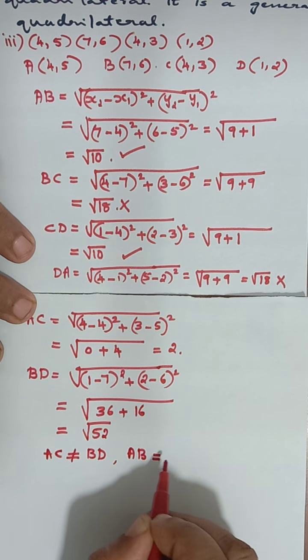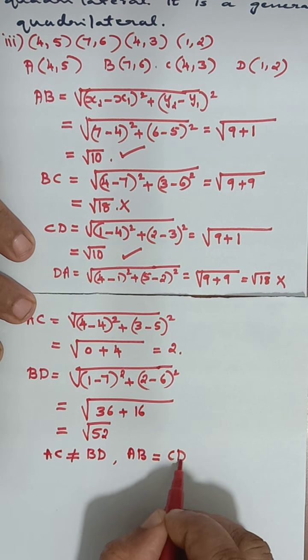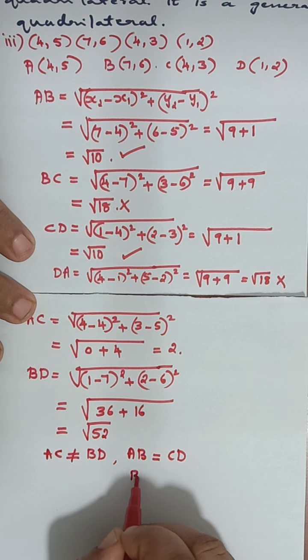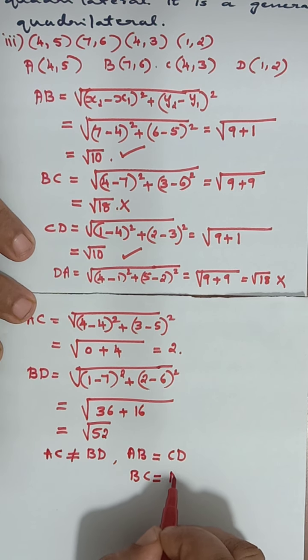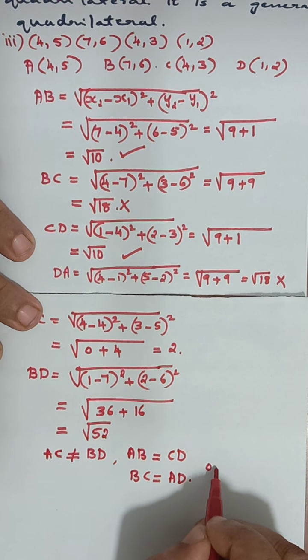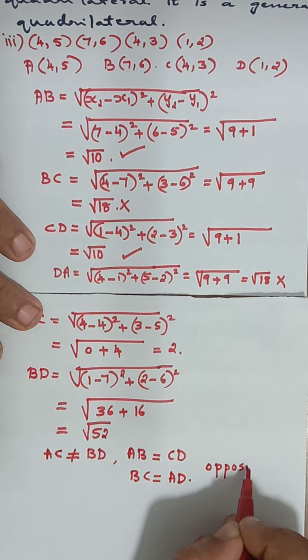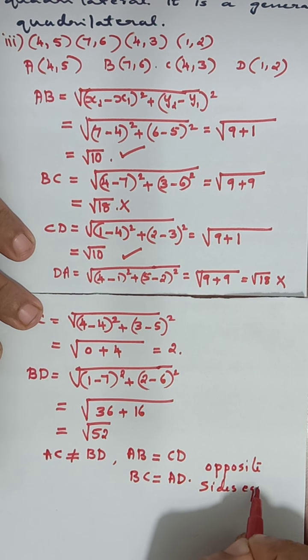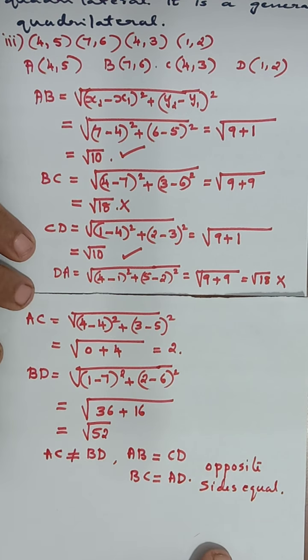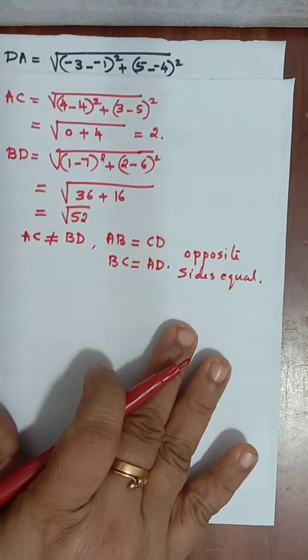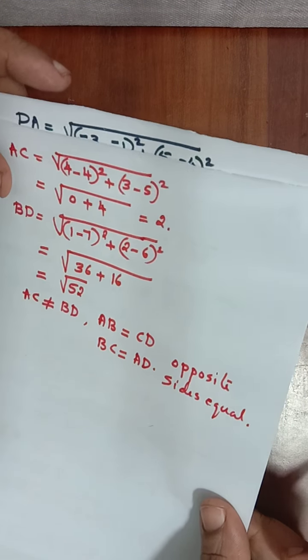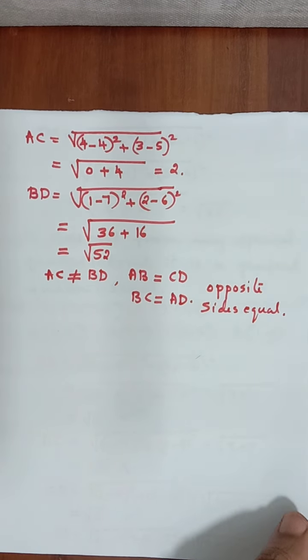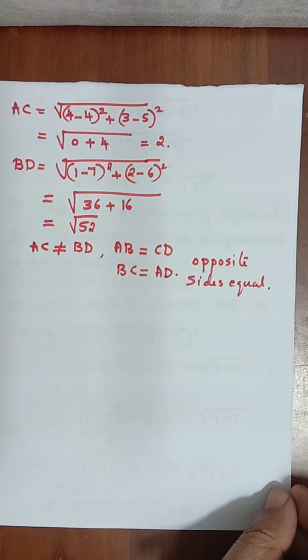And the conditions, what all things we got: AB is equal to CD here we have. Then BC is equal to AD here we have. Opposite sides are equal. Okay, so how to come to a conclusion? Here since opposite sides are equal, diagonals are not equal, we can say that it is a parallelogram.